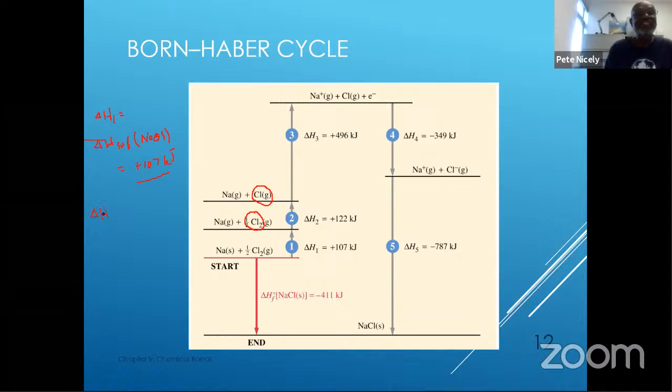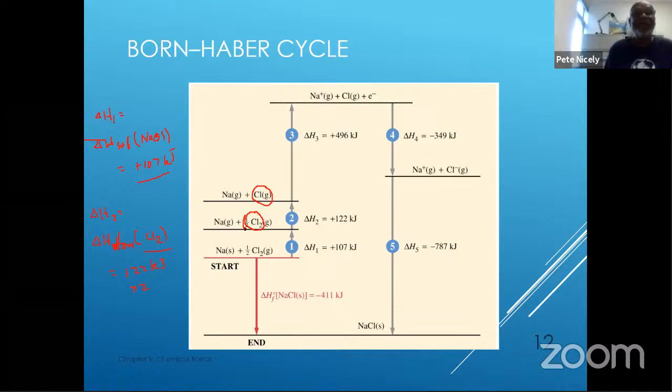So delta H2 is equal to delta H of atomization of Cl2, which in this case would be 122 kilojoules. Now, to be perfectly honest, this would actually be 2 times 122 kilojoules per mole, because the enthalpy of atomization here is for 1 mole of chlorine.